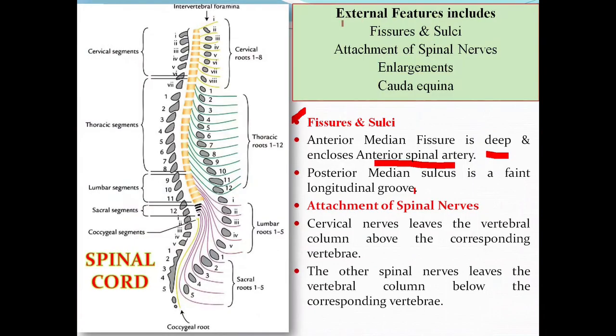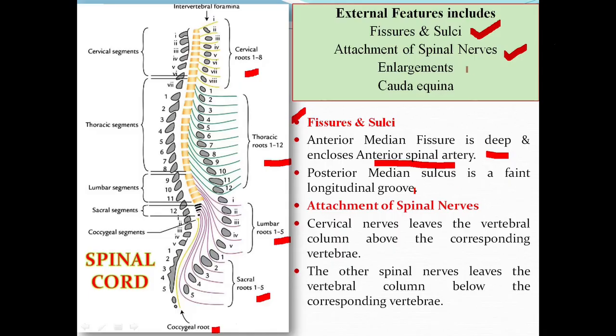So now when you study the external features, as I just discussed, about fissures and sulci: you see the anterior median fissure and right and left anterolateral sulci in the anterior aspect. Posterior median, posterior intermediate, and posterolateral sulci in the posterior aspect. And we already spoke about the attachment of the spinal nerves. We have 31 pairs of spinal nerves: cervical 8 pairs, thoracic 12 pairs, lumbar 5, sacral 5, and coccygeal 1 pair.